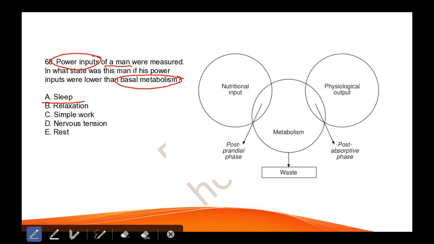So if we have low nutritional inputs or power inputs, even this light metabolism will be higher than, of course, if we put zero nutritional input, and this can be only in the state of sleeping.